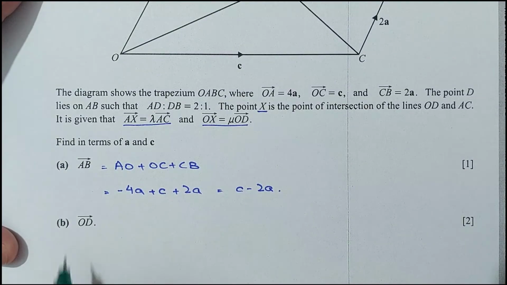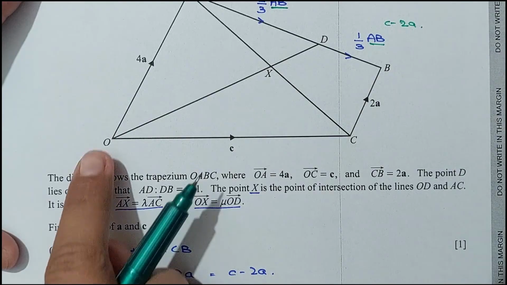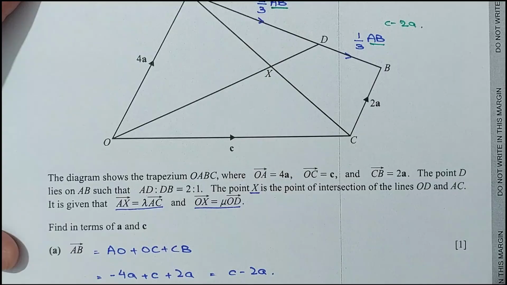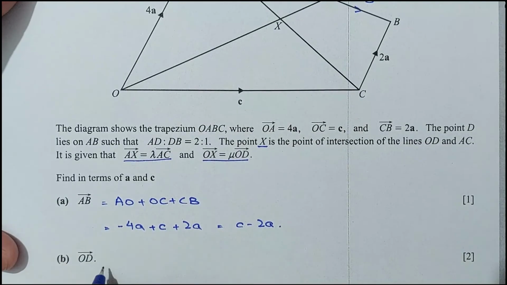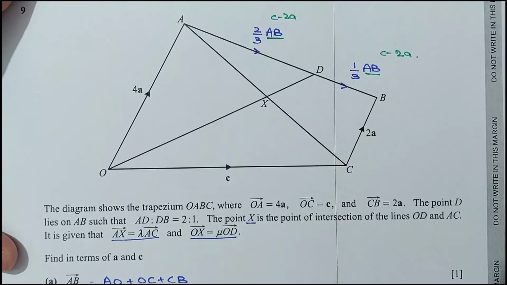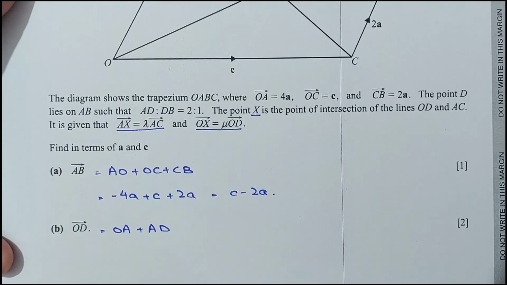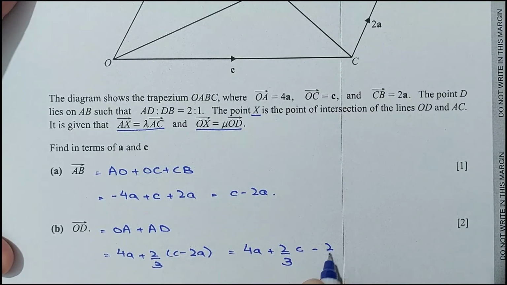Now for the next part b, OD. O to D follows the path of OA and AD. What is OA? OA is 4a and A to D is 2 by 3 of AB. This is 4a plus 2 by 3 of (c minus 2a), which is 4a plus 2 by 3 of c minus 2 by 3 of 2a.